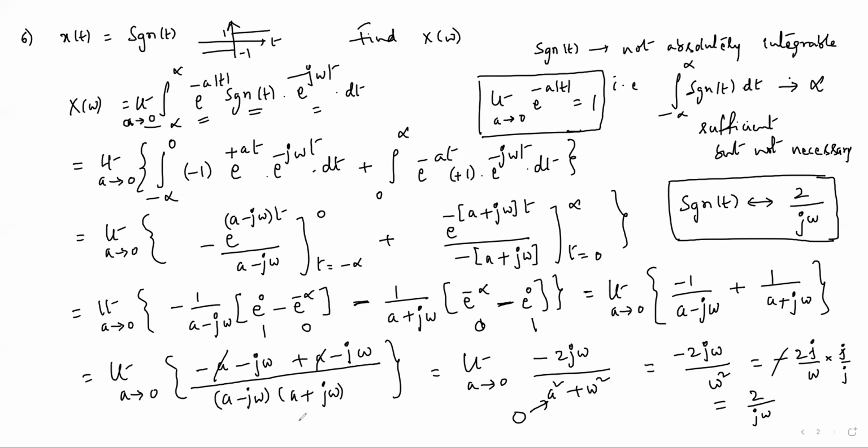I hope all of you noted this. There is no confusion in this solution. We got the answer 2 by j omega. The signum function Fourier transform is 2 by j omega. Right. Let us go to the next page.